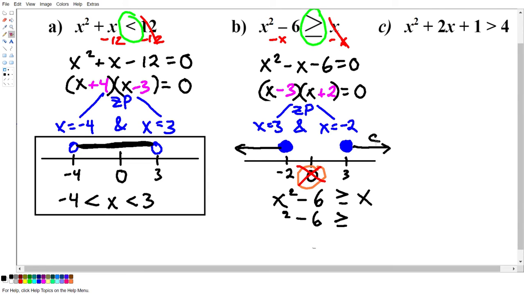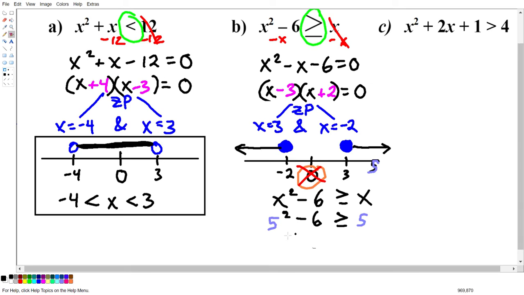A number that's greater than 3, so let's try plugging in 5 for both x's.